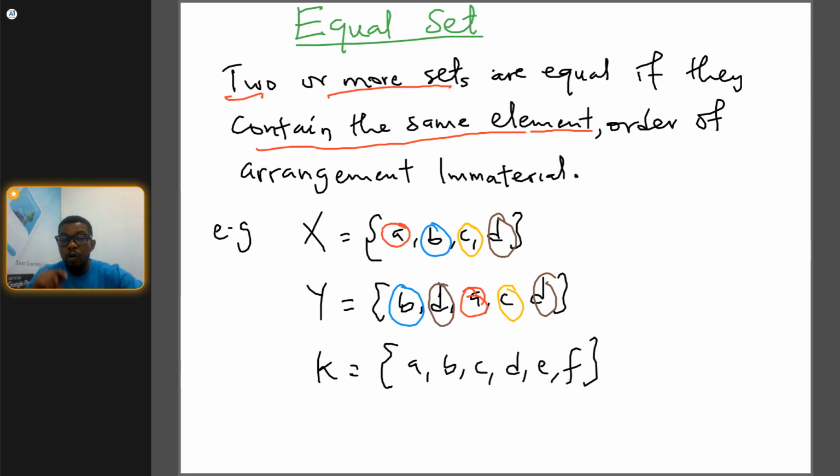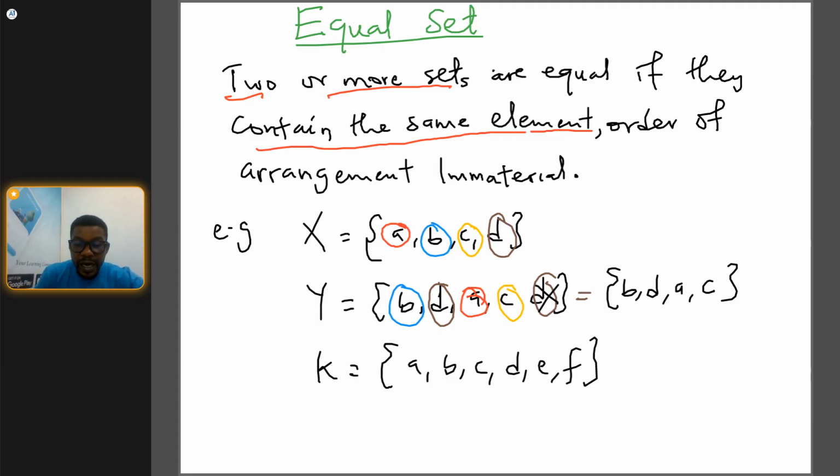But in a set, we are not allowed to repeat elements. So what we have for Y can also be written like this: I can as well write the set Y as B, D, A, C. I'm going to ignore the last one because in a set, the elements are not expected to be repeated. If I remove the D, it does not affect the set.